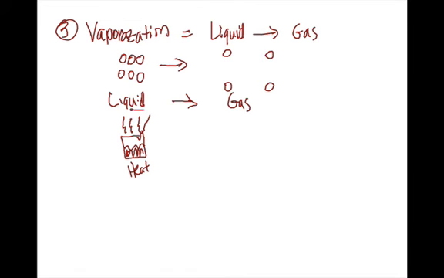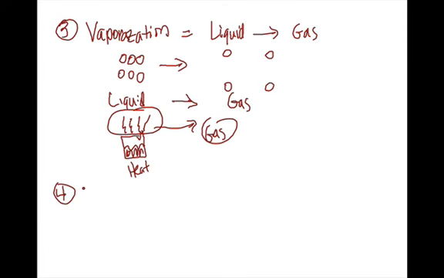And so this stuff right up here is what we would call the vaporization or the water vapor. And so that is the change of phase in which we see that a gas is produced. And so the gas is produced by heating up the water, getting the molecules to spread far enough apart that we're able to actually see them or collect them. So vaporization, going from a liquid to a gas.